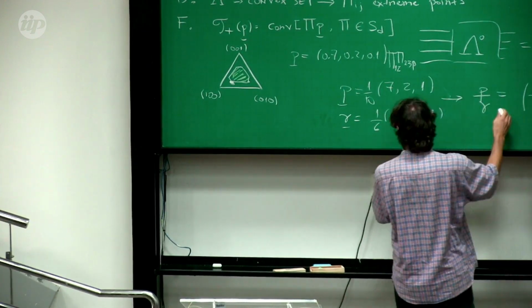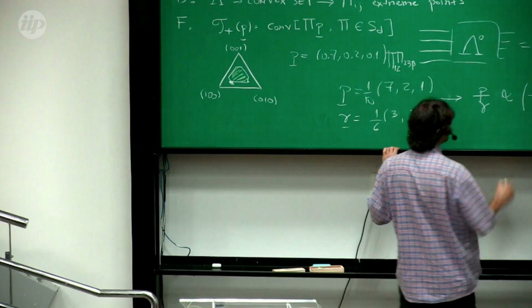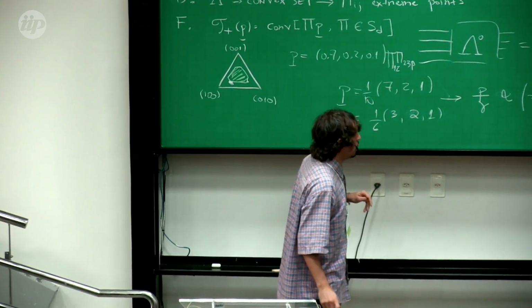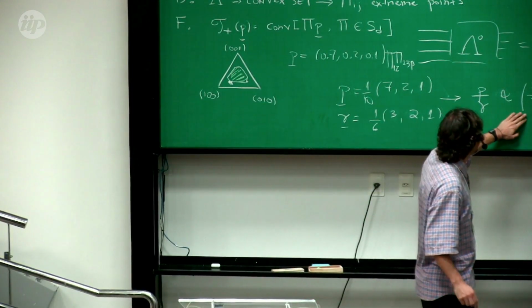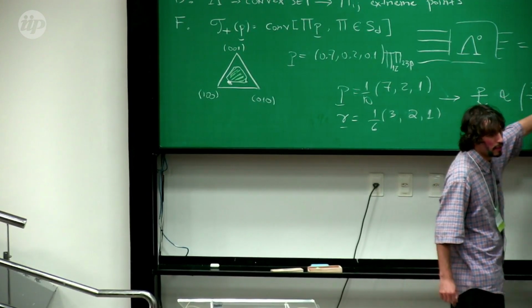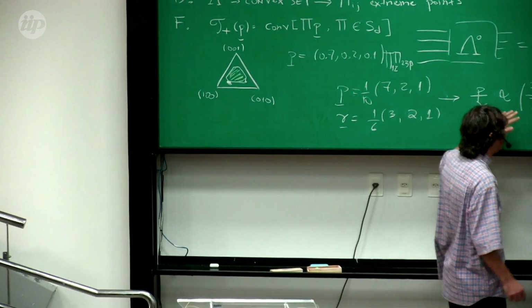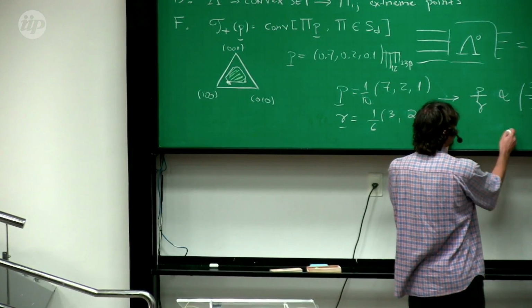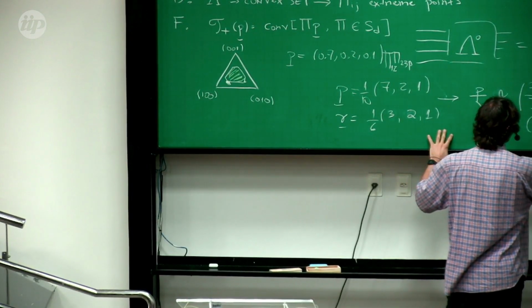And here I'll just put some proportional coefficient. So we know that 7 over 3 is larger than 1, and this 1 is equal to 1 here, right? So the beta ordering of this state is precisely 1, 2, 3.